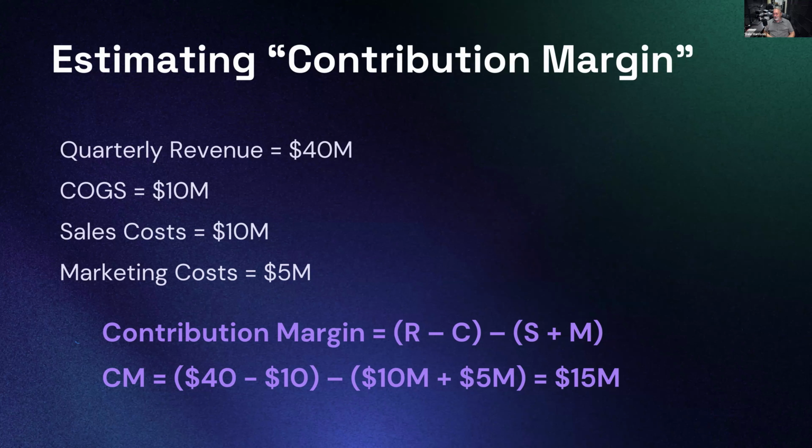But from our standpoint, because marketing and sales are purely operating expenses, not capital expenses, we can focus just on contribution margin: what's that incremental cost of getting one more unit of the product delivered to a paying customer.